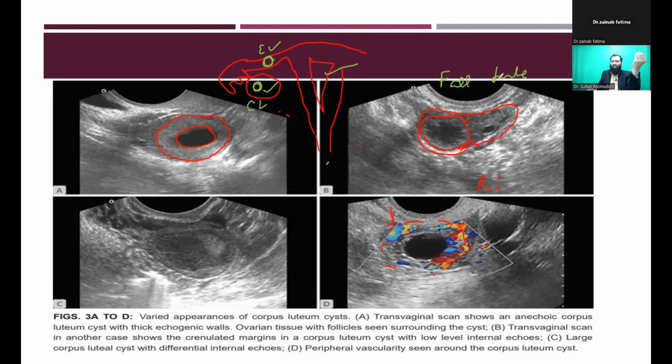We don't get ovarian ectopics commonly. Once in a blue moon you might see an ovarian ectopic. So always remember, if you are seeing this claw sign and the structure is present within the ovary and it is showing ring of fire, don't label it as ectopic. This could be just a corpus luteum.